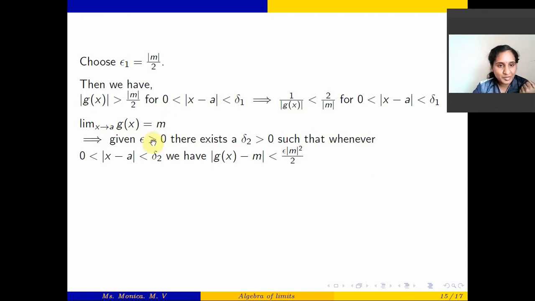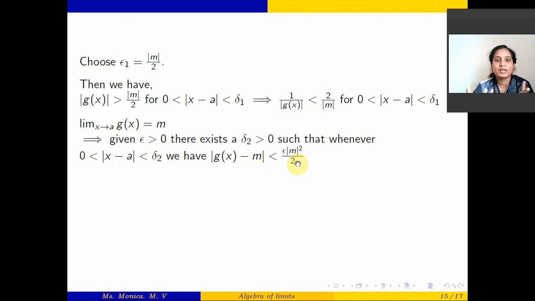Now, given epsilon greater than 0, there exists another delta 2 greater than 0, such that whenever mod x minus a is greater than 0 and less than delta 2, we have the distance between g of x and m less than epsilon into mod m square divided by 2.